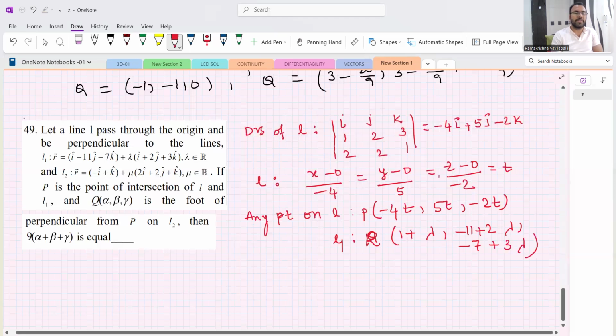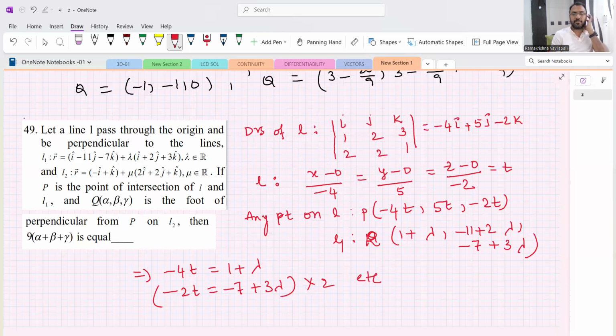I hope you can do it. Now equating these two, this implies that -4t is equal to 1 plus lambda, -2t is equal to -7 plus 3 lambda. Multiply this equation by 2 and then subtract, etc. You find the foot of perpendicular. Next question.